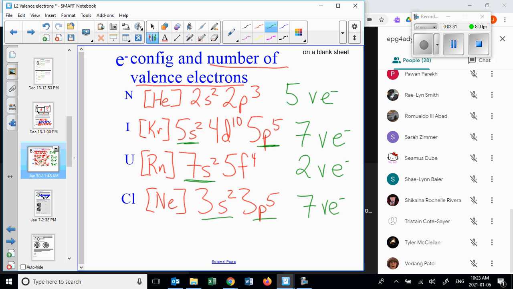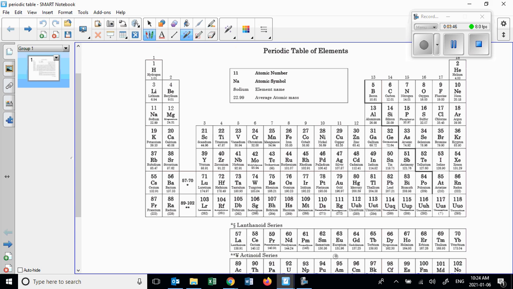I'm going to point something out in a minute here on the periodic table, because there's a pattern of valence electrons. Here's what it is.